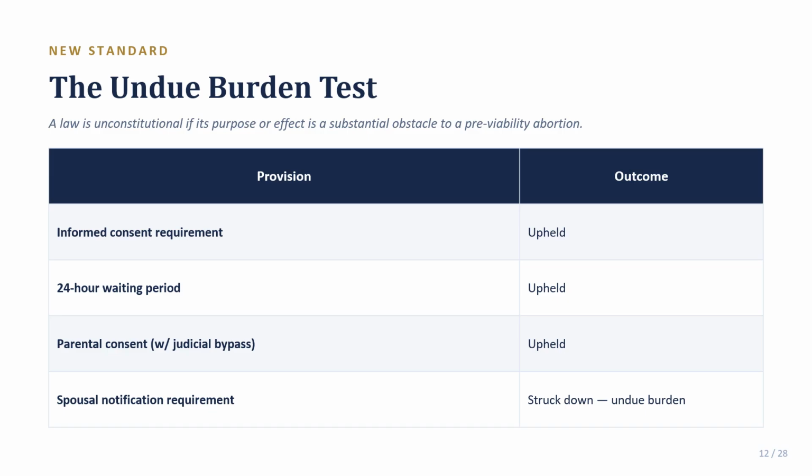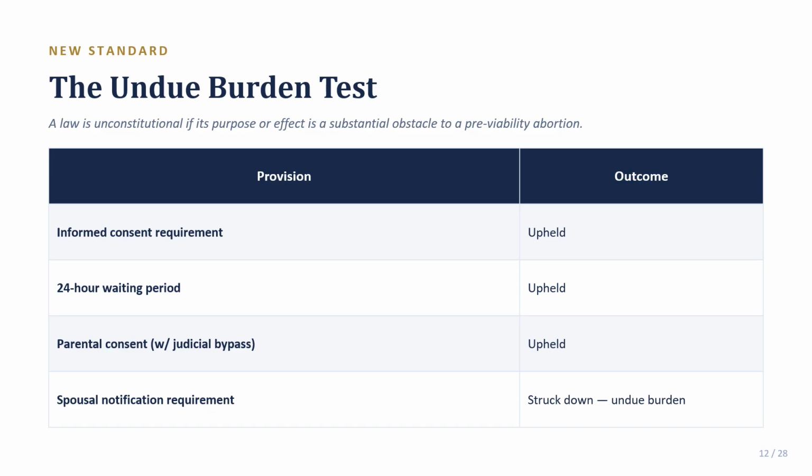All right, so we have informed consent, which was upheld. The state could require that a woman receive certain information about the procedure, about fetal development, and about alternatives before consenting, so long as that information requirement didn't function as a substantial obstacle. Like a 24-hour waiting period, also upheld.